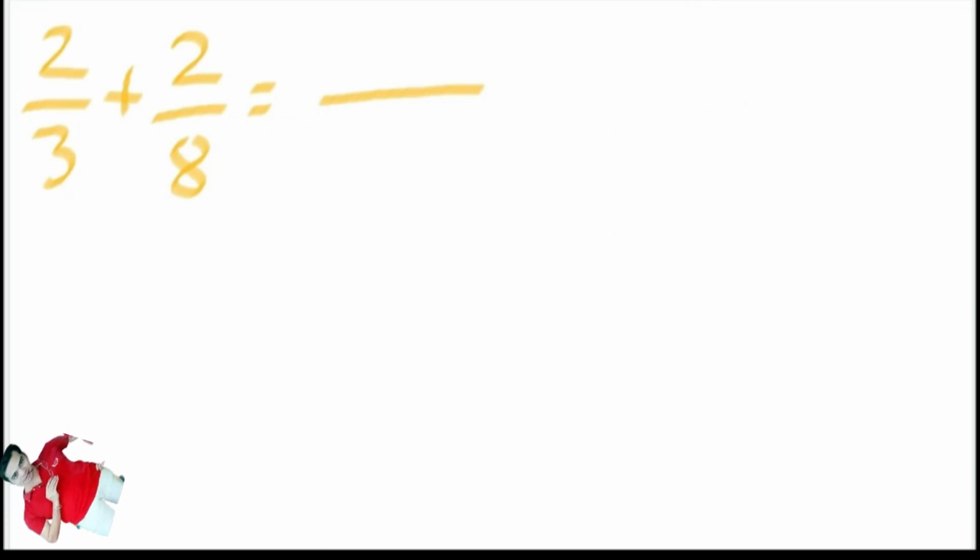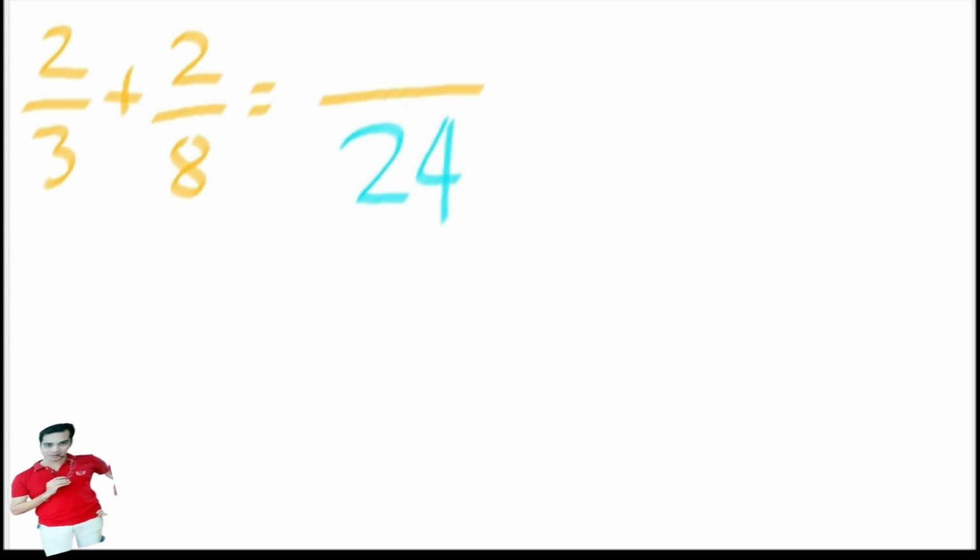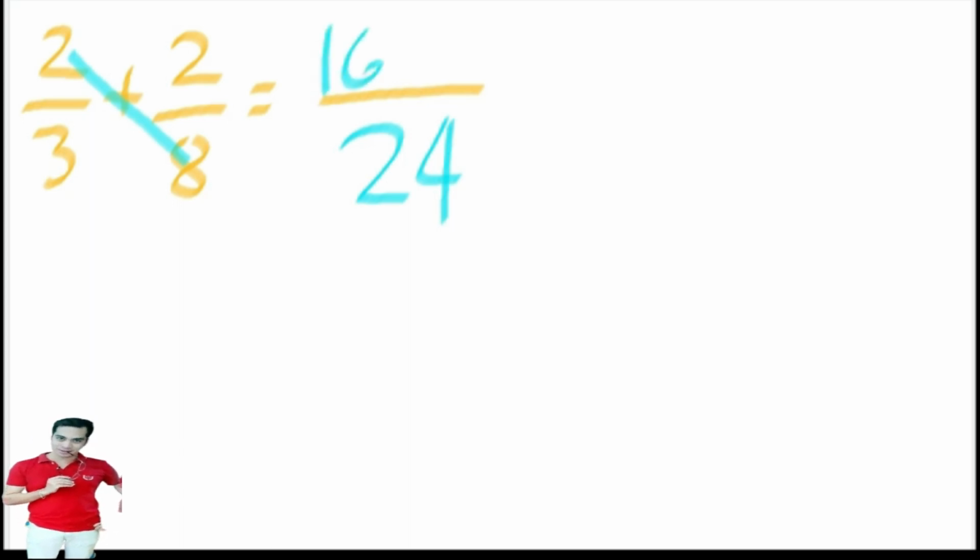Next, 2/3 plus 2/8. The LCD is 24. Then cross multiplication. 2 times 8, the answer is 16, plus 2 times 3, the answer is 6.